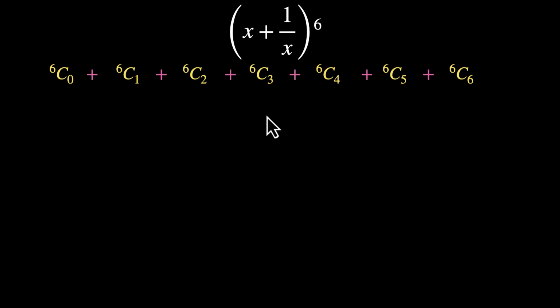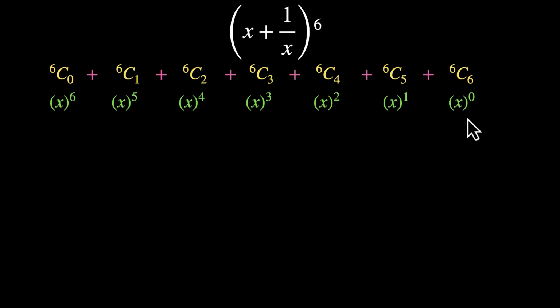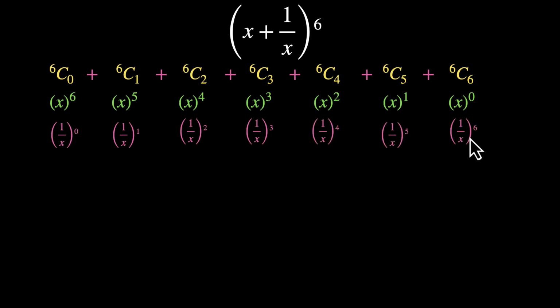Now let's look at the powers. The first is x. So x^6, then x^5, then 4, 3, 2, 1, and 0. Don't forget the 0. And then for the other one, we have 1/x. That is (1/x)^0, then to the power 1, then 2, then 3, 4, 5, and 6.